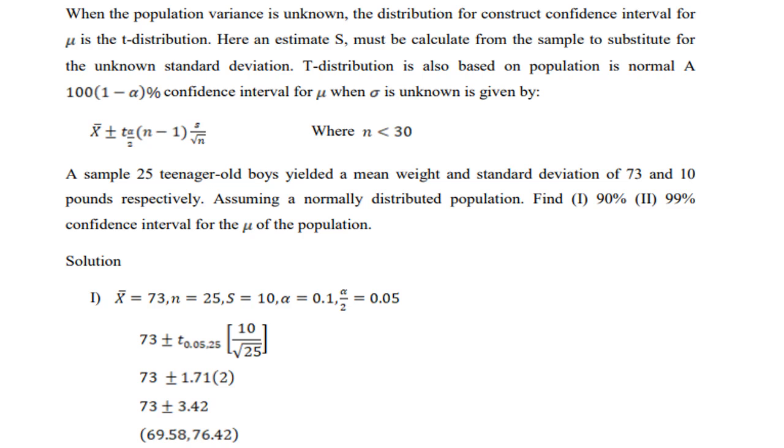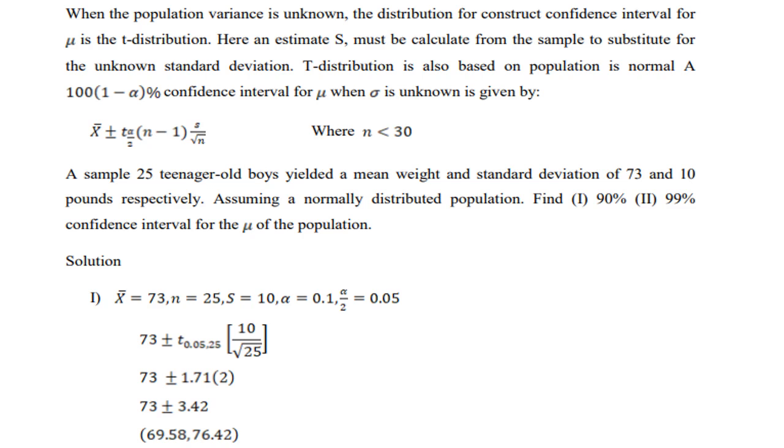Our alpha for the first one is 90%, so 0.9, 1 minus 0.9 will give us 0.1. Then alpha over 2, 0.1 divided by 2, will give us 0.05. Then we apply our formula, x bar, which is 73, plus or minus t 0.05, comma n minus 1, so 0.05 comma 24, times 10 over root 25. Then we check for t 0.05 in our statistical table.